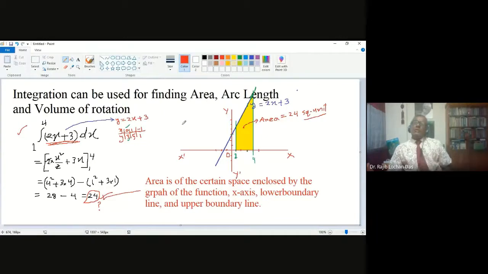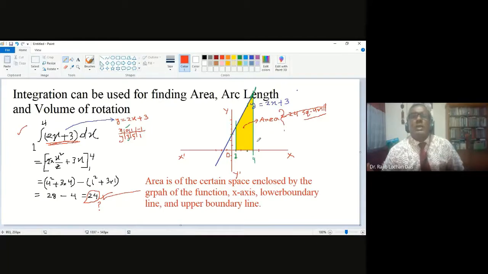Maybe I will give you the graph in the question so that you can interpret what I mean. Say for this example, I am giving you the question as a graph, just like this. The equation of the straight line is given here, and 1 is given here, 4 is given here, x-axis, y-axis. And now I am asking, okay, find the area. So I am asking, what is this area?